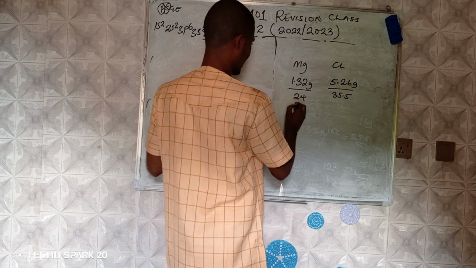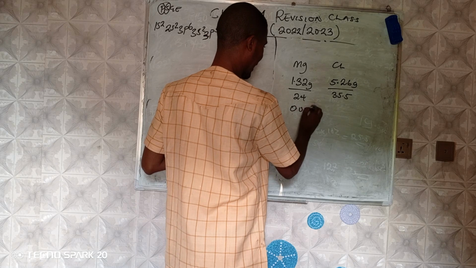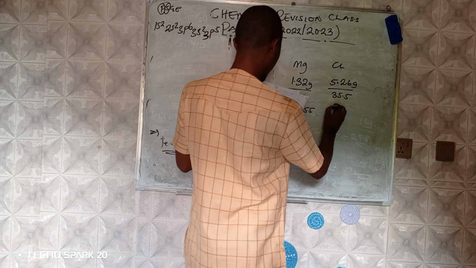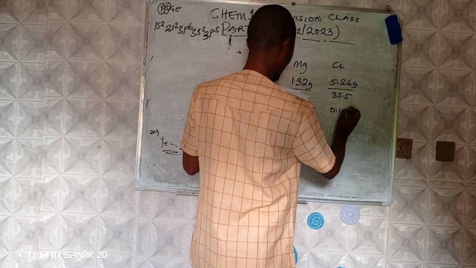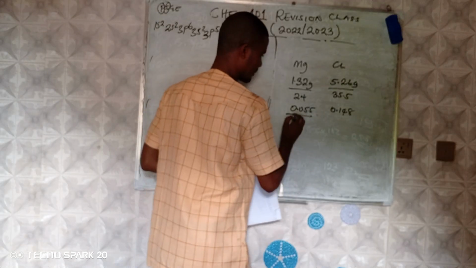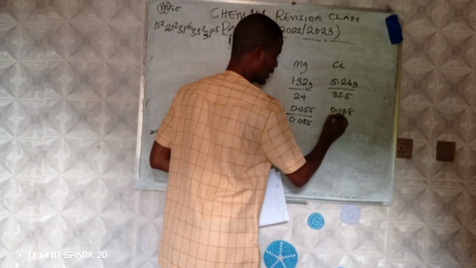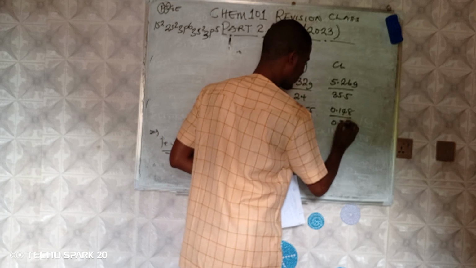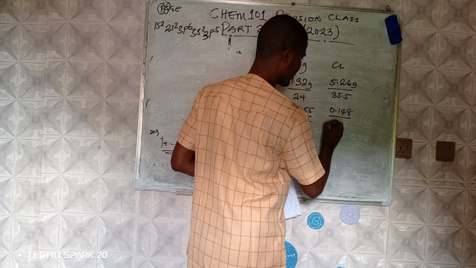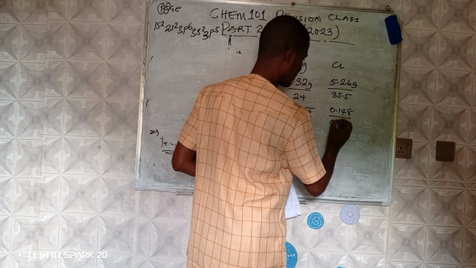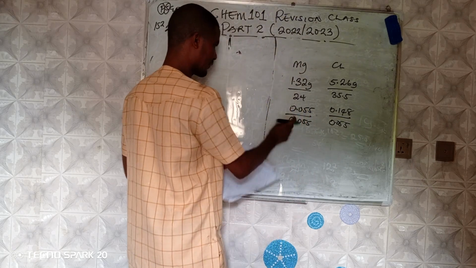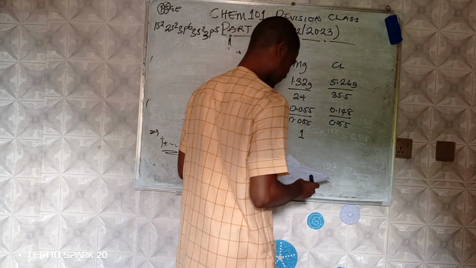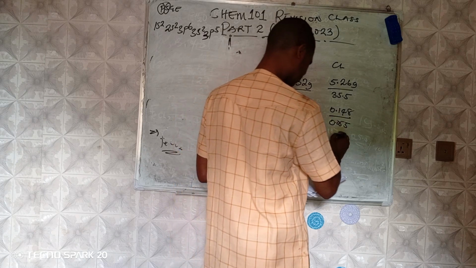So this will give us 0.055, while this will give us 0.148. This is the smallest among it. Then this divided by this will give me 1, while this divided by this will give us 2.691.